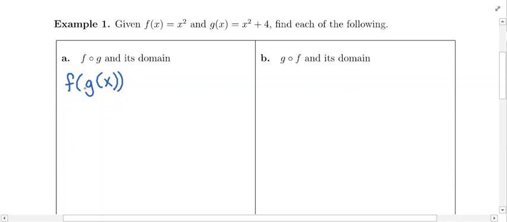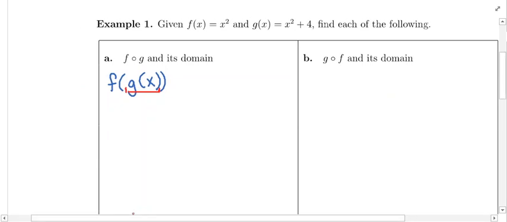When you look at f of g of x, you have this inside part. g of x is the inside function here. So let me write that out to the side. So g here is the inside function. Since it's inside the parentheses, that is what we're plugging in to f. So g is the inside function, f is the outside function.